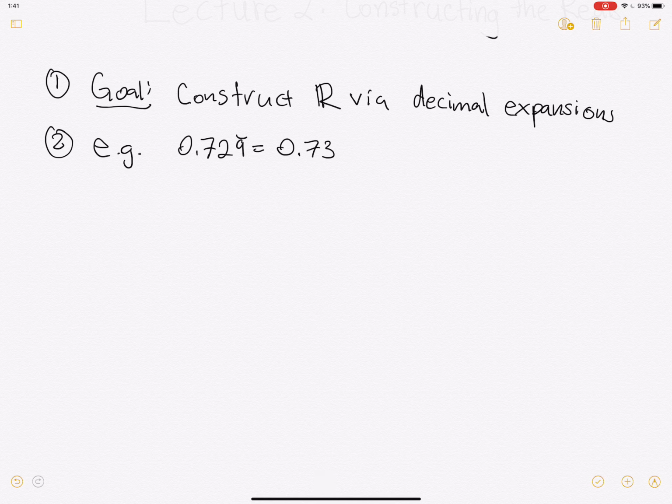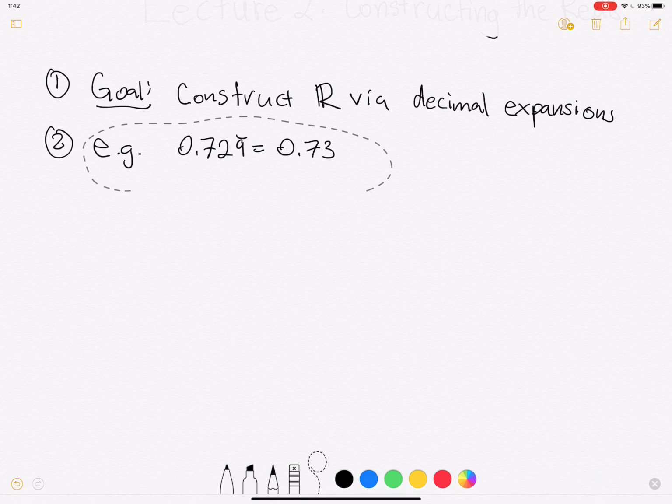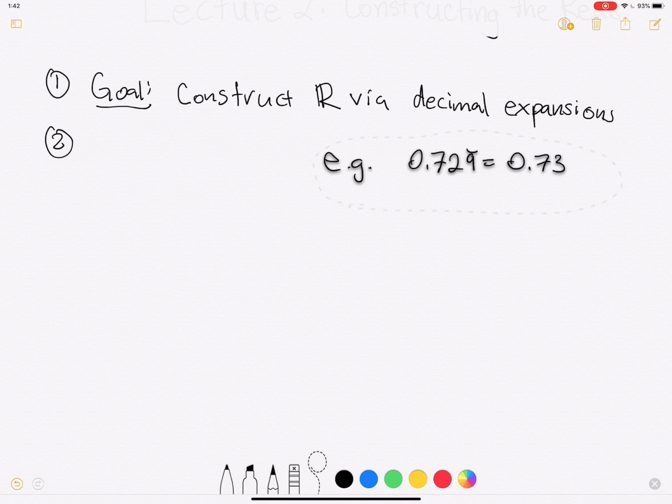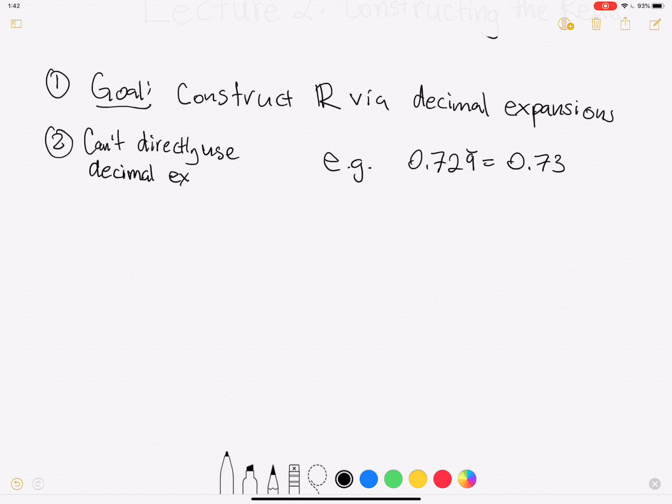We can't directly use decimal expansions because of duplicates.